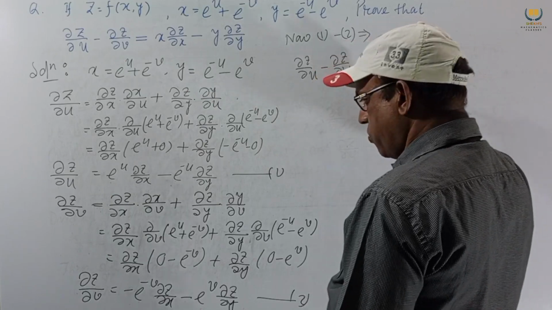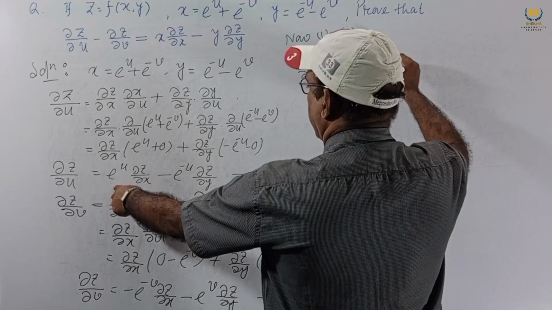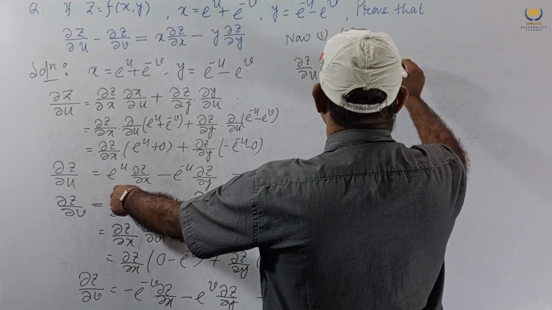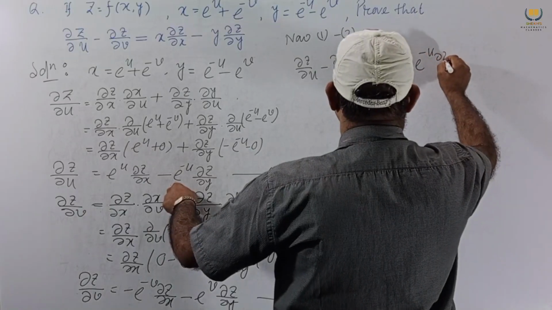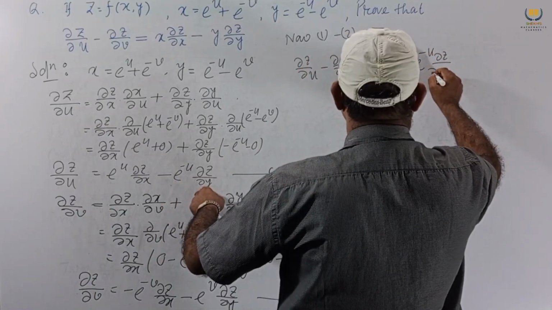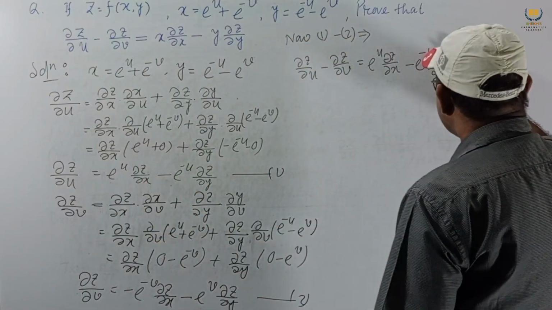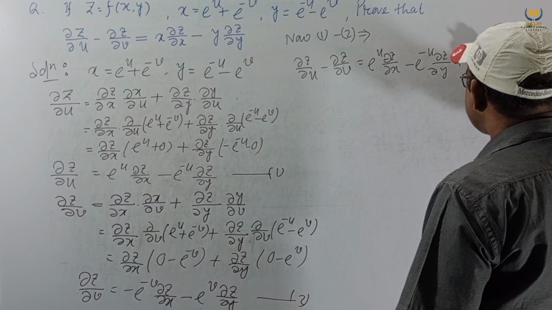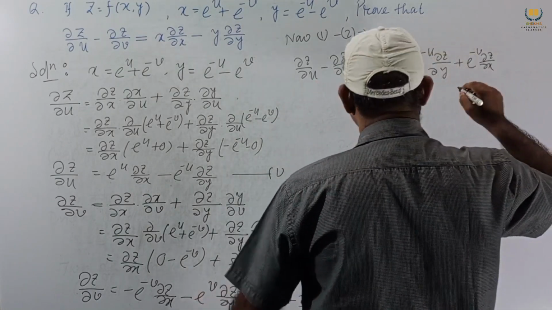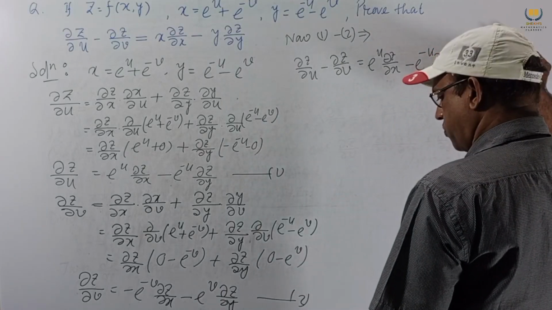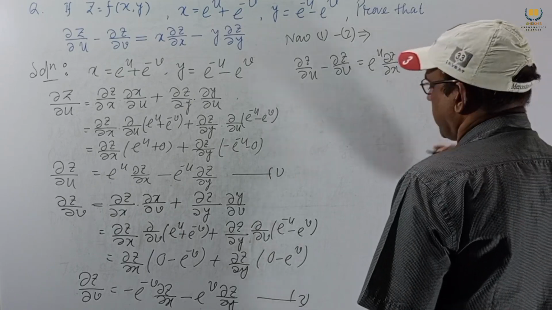Del z del u, we get this result, e to the power u del z del x minus e to the power minus u del z del y, and I subtract this, then this will be plus e to the power minus v del z del x, and this minus will be plus e to the power v del z del y, we get this.